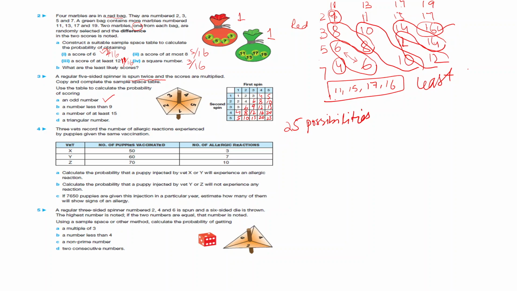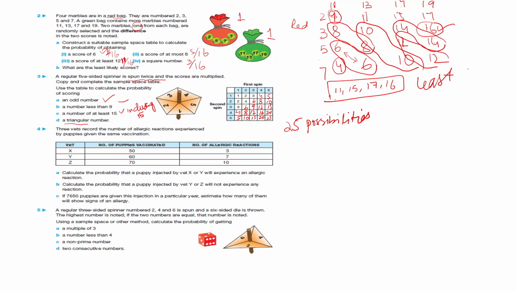An odd number, you can just count here how many are the odd numbers out of 25, and the number less than 9, it's the same, you have to just check less than 9, at least 9, that means including 9, including 15, at least 15. So the numbers which including 15, how many are there?